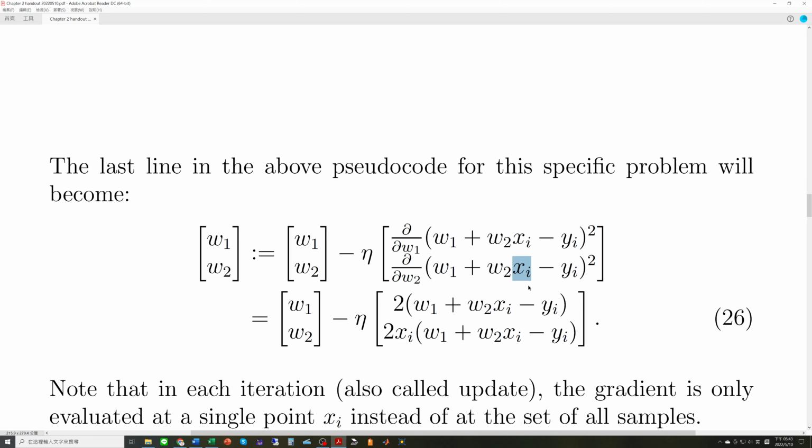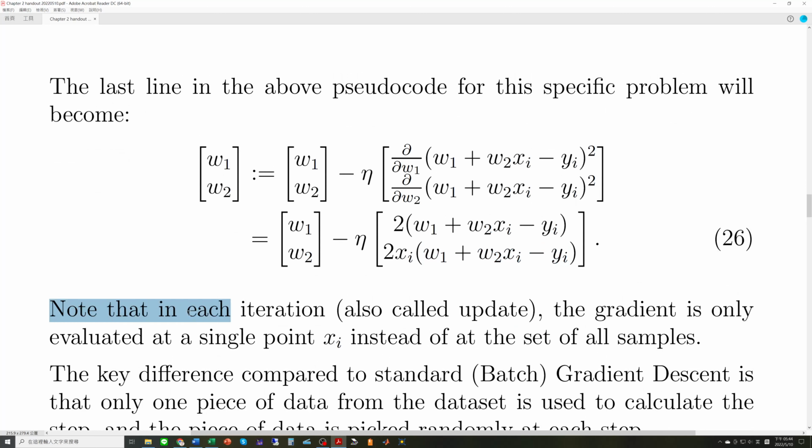So the derivative becomes the partial derivative of w2xi with respect to w2, which is equal to xi. You can see that xi is multiplied by 2 and this term in this equation.